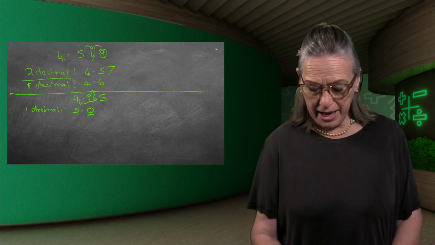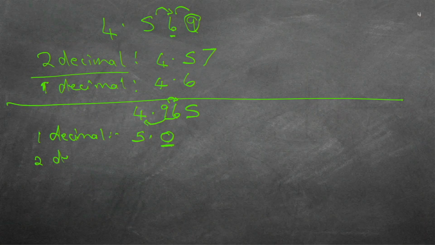But now, if they ask us for 2 decimals, then we look from the 6 at the number on the right, which is a 5. It's a 5 and over, so we're going to round it off to 4,97. But what if they ask us to round it to the nearest whole number?